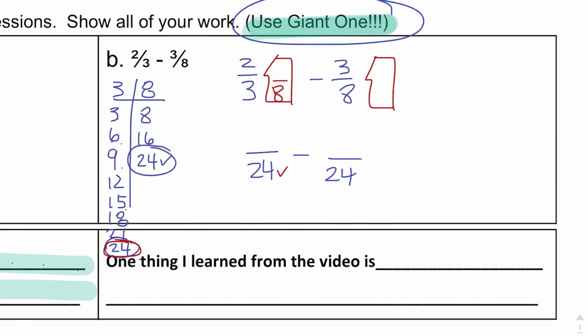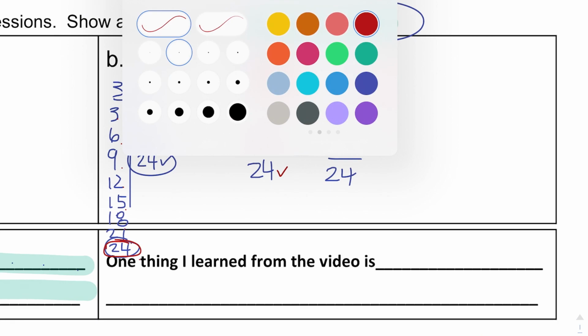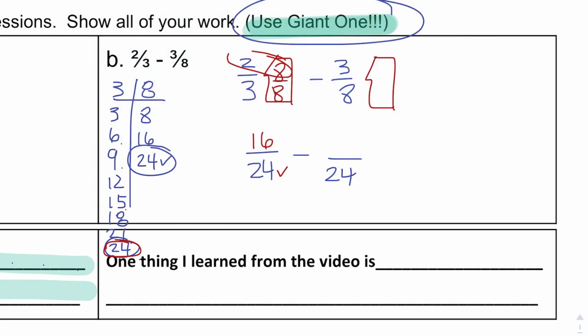Then the numerator had to be multiplied as well. I still have people forgetting to multiply 2 times 8, so please make sure you do that. 2 times 8 is 16. And then the next part should be 8 times 1, 2, 3. So 8 times 3 gives me 24. Then the numerator cannot stay as 3. It needs to be multiplied by 3, making it 3 times 3 is 9.